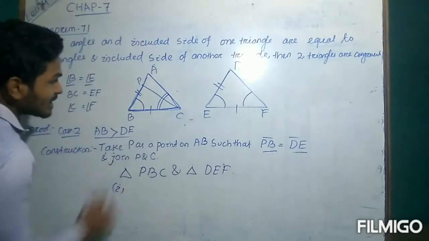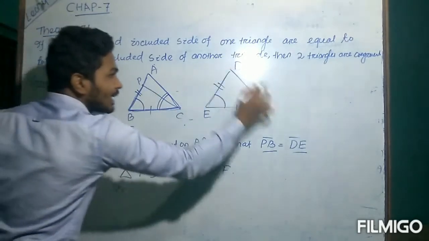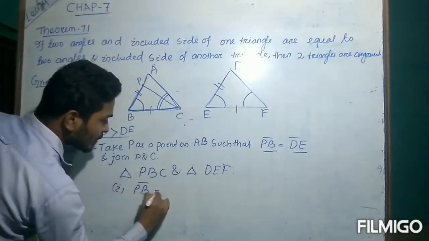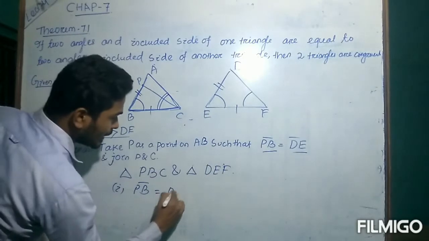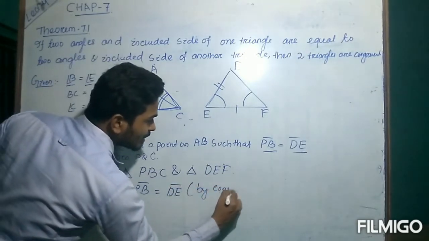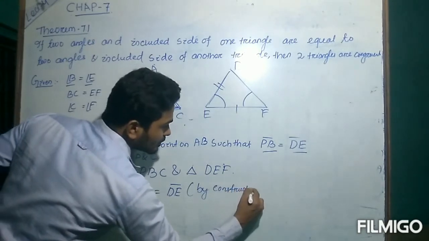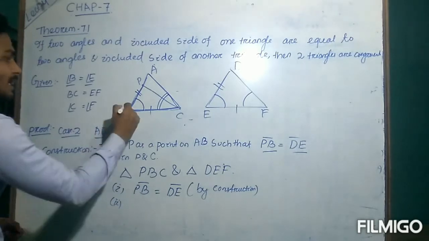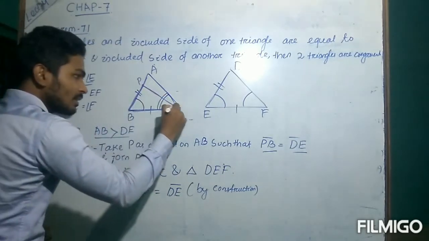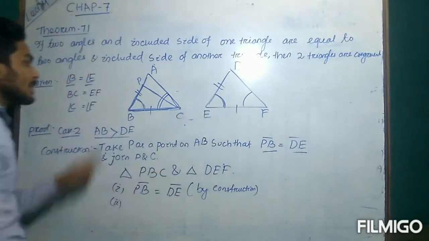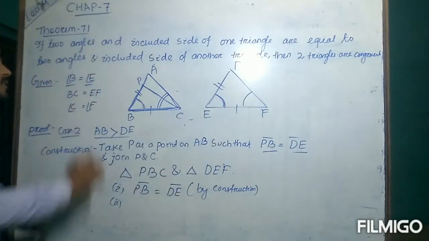Okay. So in the first case, among this triangle and this triangle, we can write that this distance PB is equal to the distance DE. Why? Because we have constructed it, by construction. Understood? Second thing, in this small triangle, this angle is also equal to this angle because it is given. Yes or no?